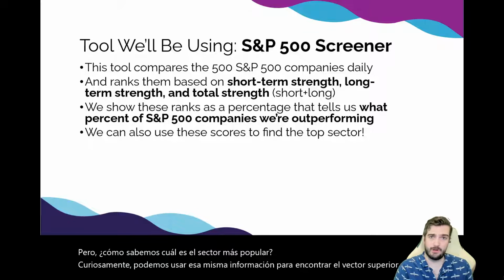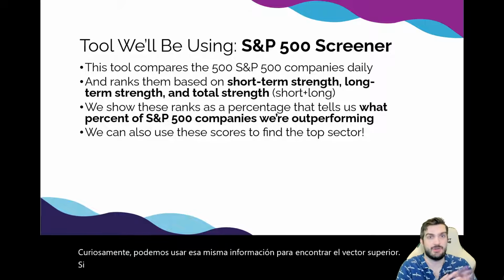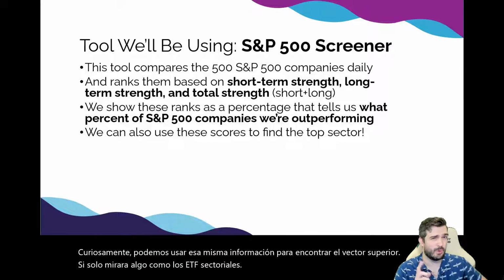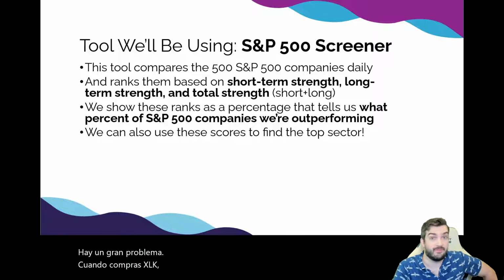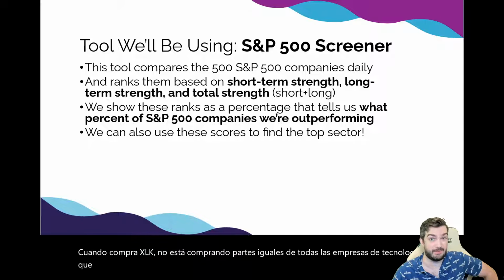If you only looked at something like sector ETFs, there's one big problem. When you're buying XLK, you're not buying equal parts of every technology company. You're buying a lot of the really big companies and not as much of the really small companies.